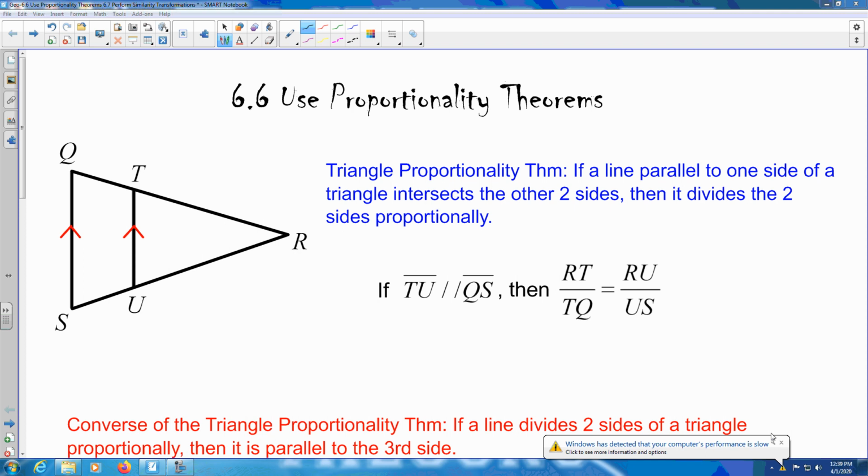So the very first one here, we have the triangle proportionality theorem, which states as a conditional statement that it says if a line parallel to one side of a triangle intersects the other two sides, then it divides the sides proportionally.